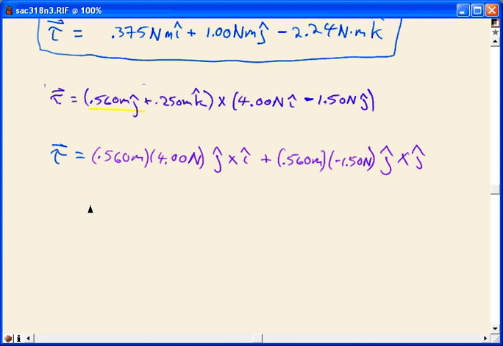So I got the 0.250 meters k crossed into, except I want to do the k part last, just multiply the numbers first. 0.250 meters times the 4 newtons, and then we're talking k crossed into i.